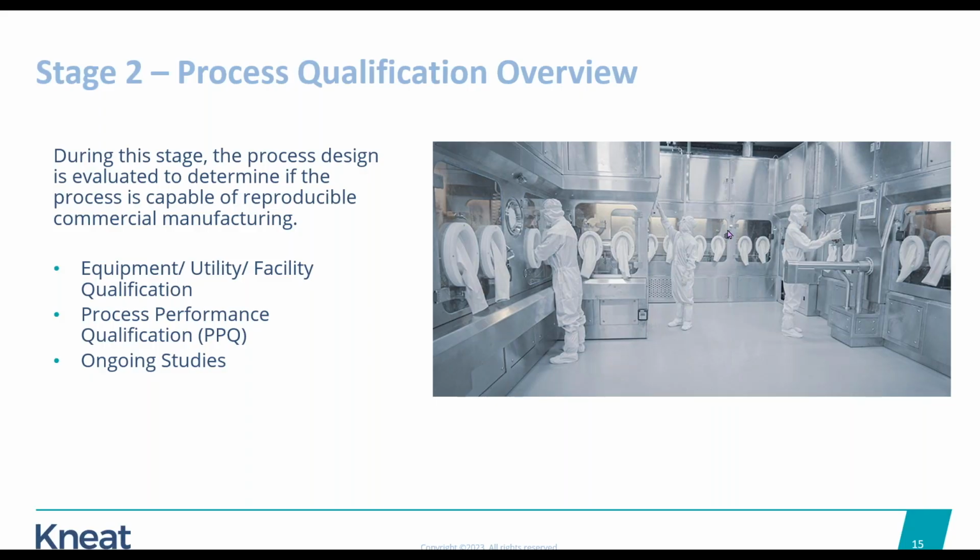Just because pharmaceutical things are very expensive for those of you who are in the industry, any data to make the process better is definitely what we want to have. So ongoing studies can also occur during stage 2. That actually wraps up stage 2, so we'll move along to stage 3 now.